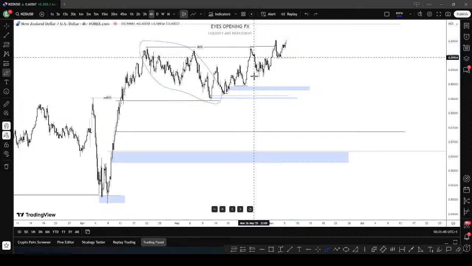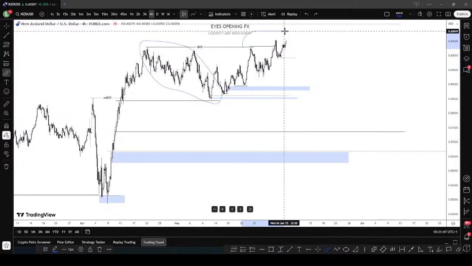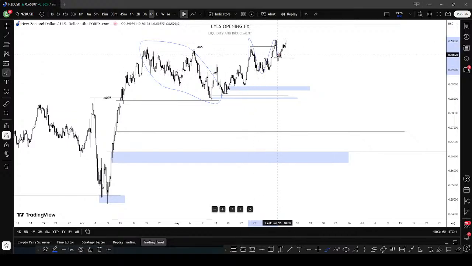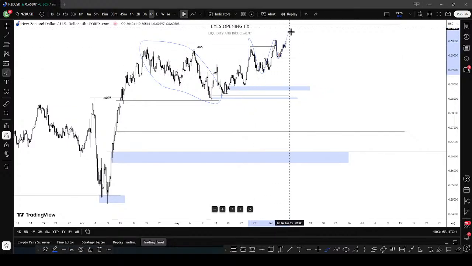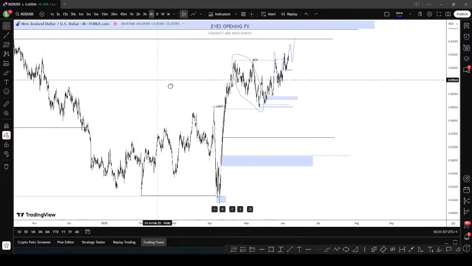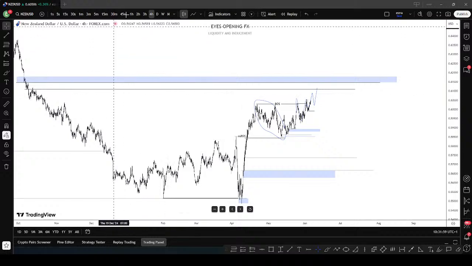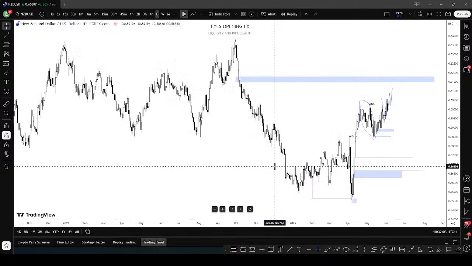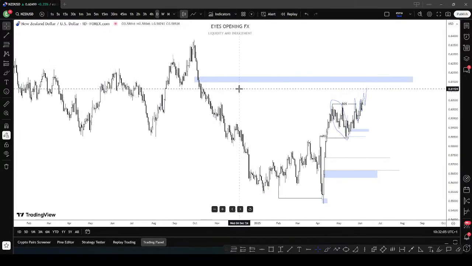I do call it range structure. So I'm expecting market to continue creating this range structure: higher high, higher low, higher high, higher low, until market gets to our next point of interest where we likely expect a sell to happen. And if fundamental analysis aligns with our view, then we look for sell.